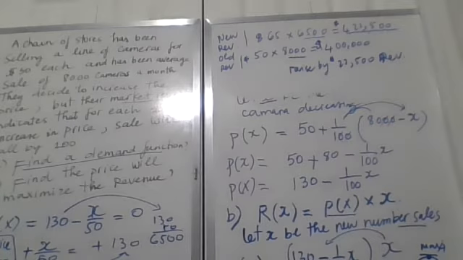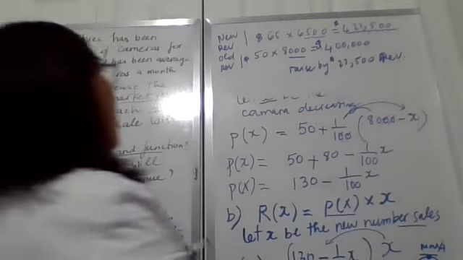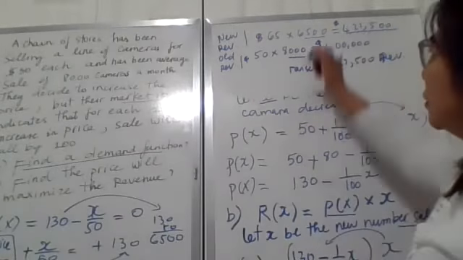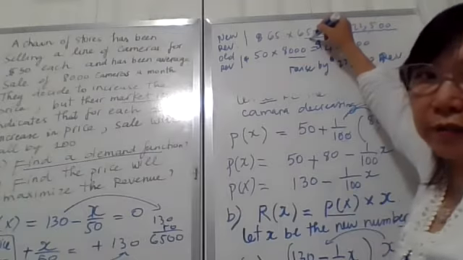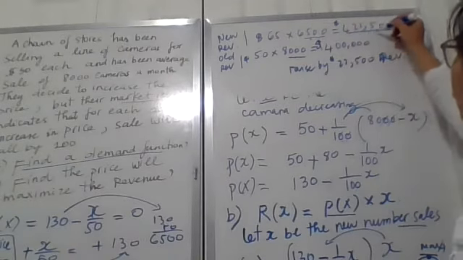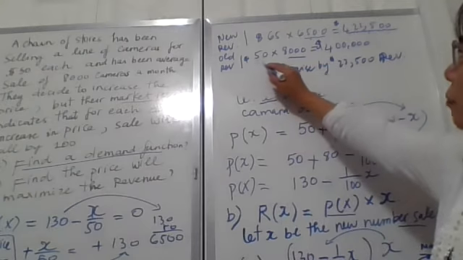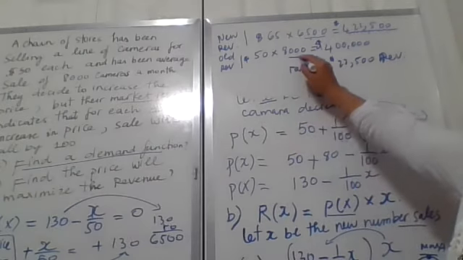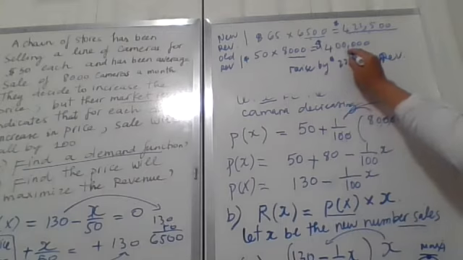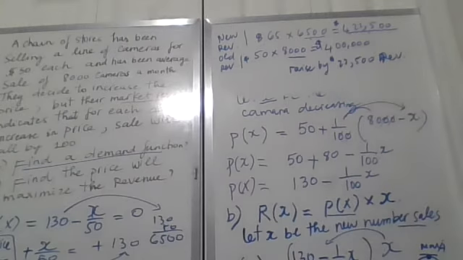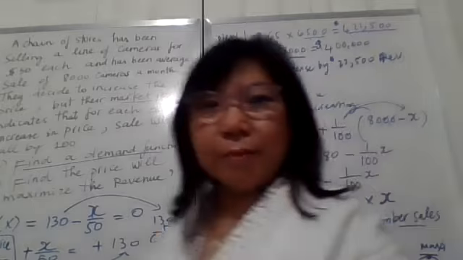So if we divide by 100, we get a $15 raise. So $15 added to the old price equals $65 each camera. Now we want to find out if it is beneficial: 65 times 6,500 cameras, we get 422,500 revenue. Whereas if we keep the old price at $50 times 8,000, we get only 400,000 revenue. So yes, it's a good decision.